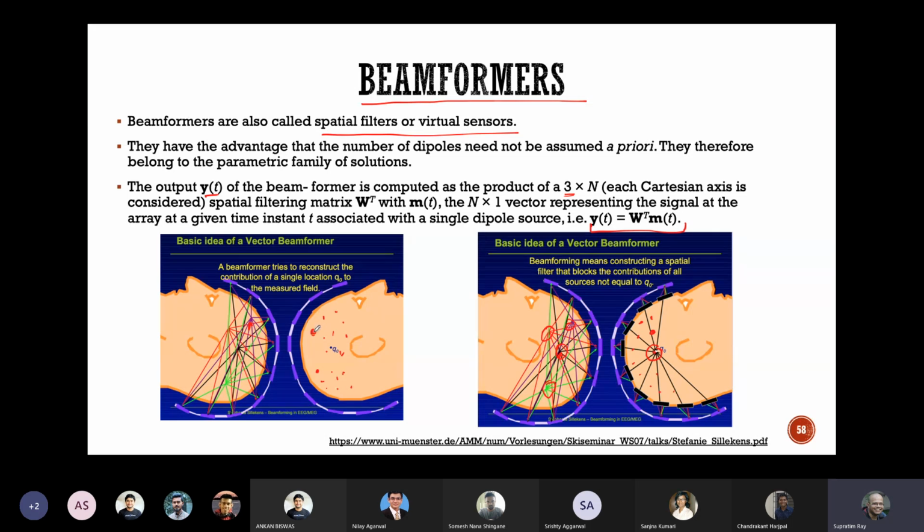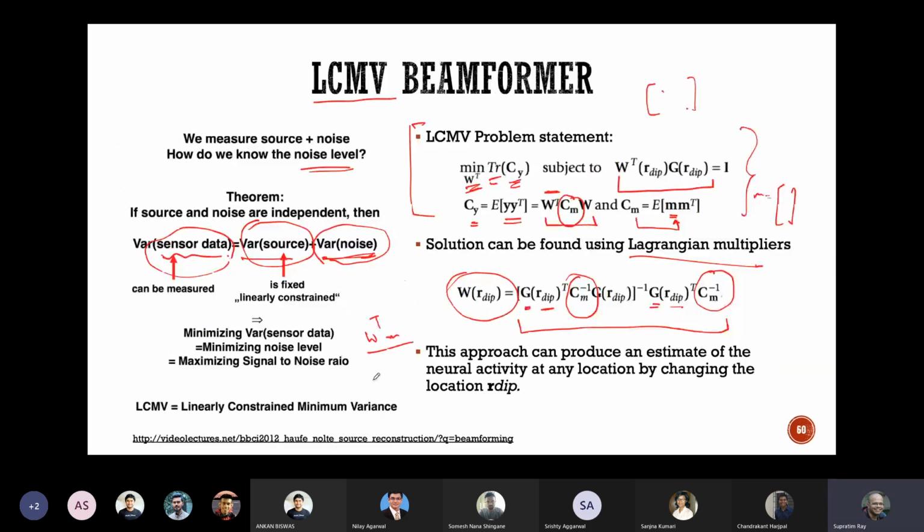So once I give you this location, I can find G at R dip, and given the data M vector, I can find its covariance matrix, and my W weight vector is just this whole thing. This entire thing can be computed. And then I multiply it with my voltage vector to get my source at that location. That's how a beamformer is working.